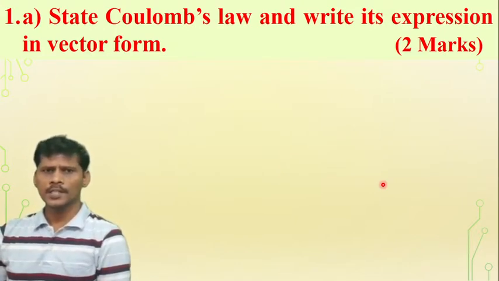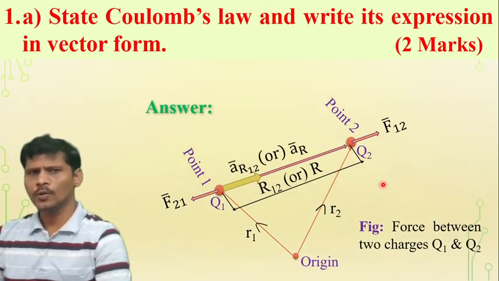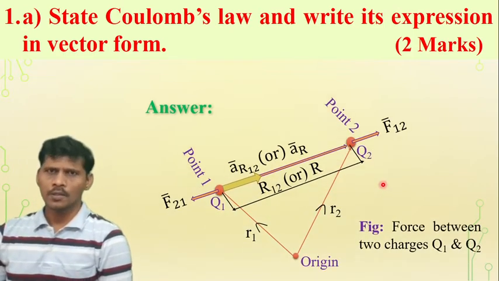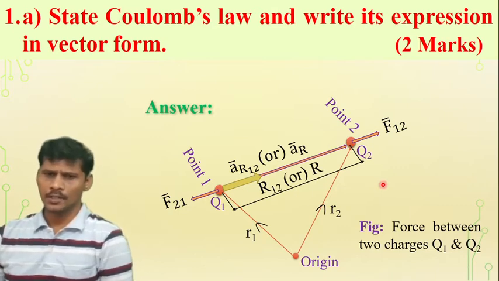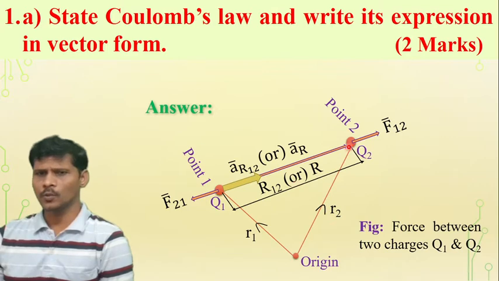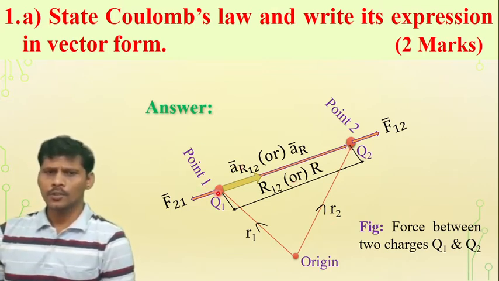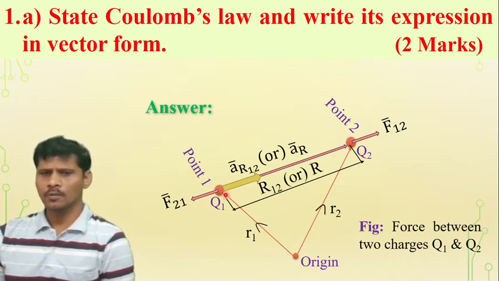Question number 1a is, state Coulomb's law and write its expression in vector form. Before going to the statement of Coulomb's law, I will briefly explain this diagram. Let us consider any two positive point charges Q1 and Q2. At the point charge Q1, the position vector small r1 is located.